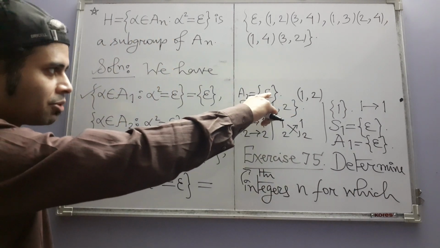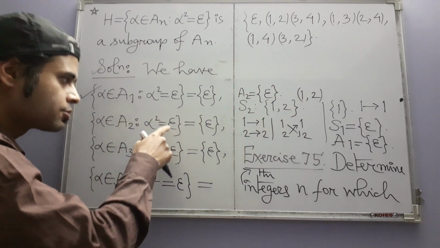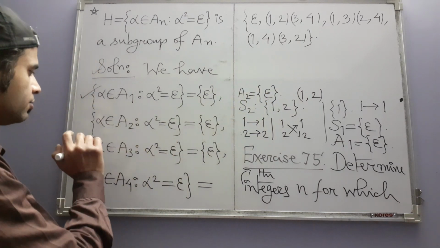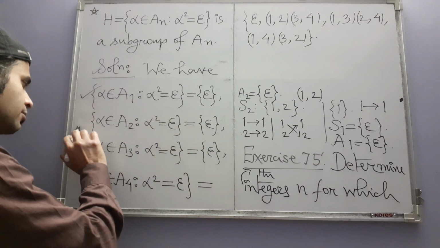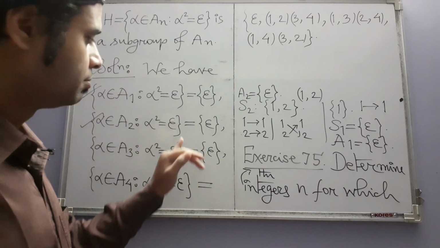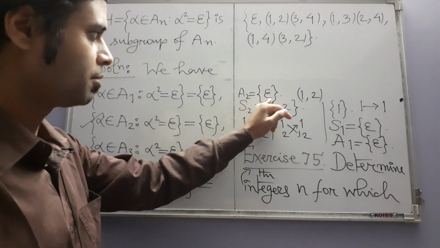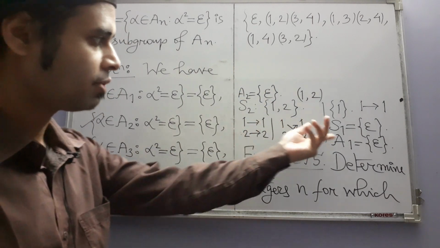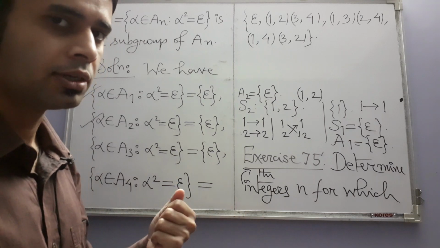And the only element it has also has its square equal to itself. So that is why this set is also the trivial group. It's a group, nevertheless it's a subgroup of A_2, and it is also equal to A_2. In fact, A_1 and A_2 are the same thing.